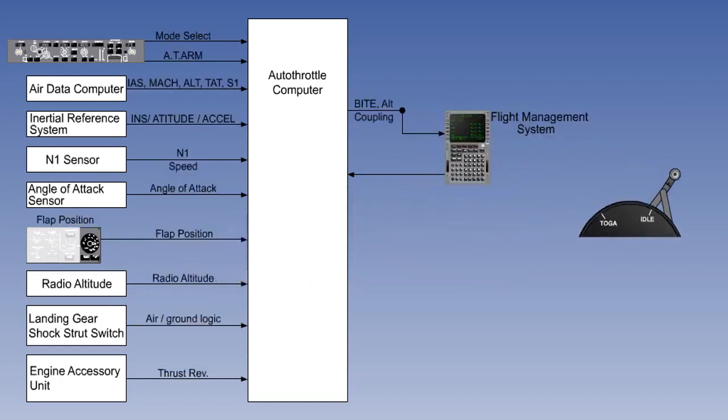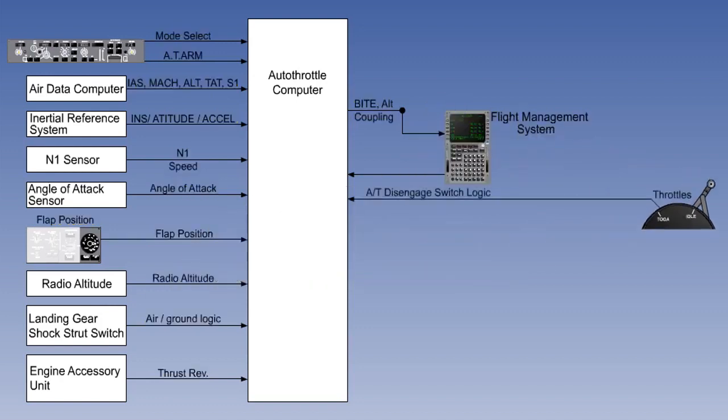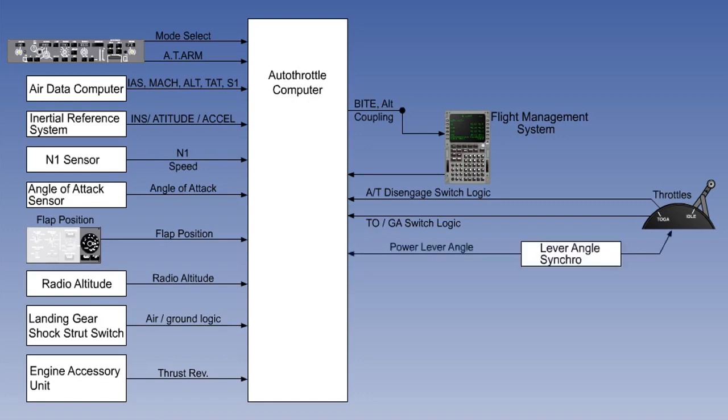From the throttles, there are the following inputs: autothrottle disengage logic, which you will learn about later in this lesson, the takeoff go-around switch logic from the switches on the throttles, and throttle lever position from the lever angle synchro.